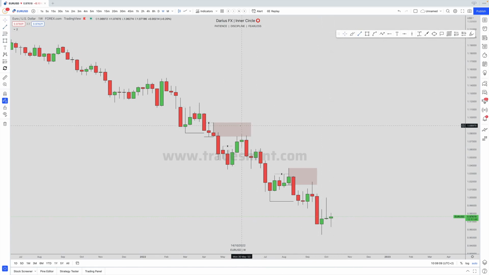So for our setup, we always want to see some form of liquidity, which in most cases is already the imbalance, but sometimes it gives you additional liquidity. Let me show you that. For instance, here, this is also liquidity, right?